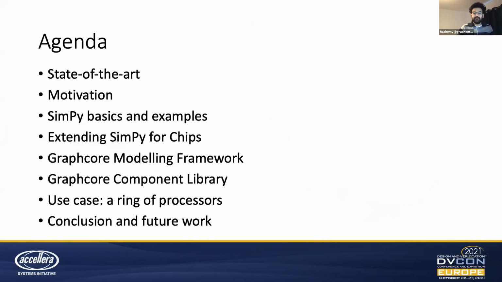Then I will introduce our modeling framework to organize very large systems into a hierarchy and provide the interface between them. Then I will briefly talk about our library of generic components that we are making available and open source. And this will help us to build powerful systems. Finally, I will conclude with some future directions.